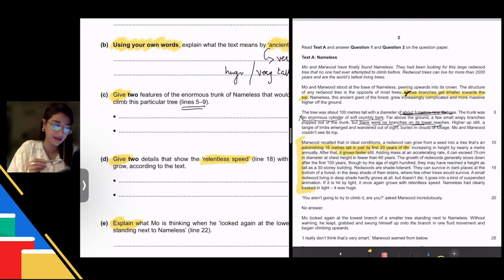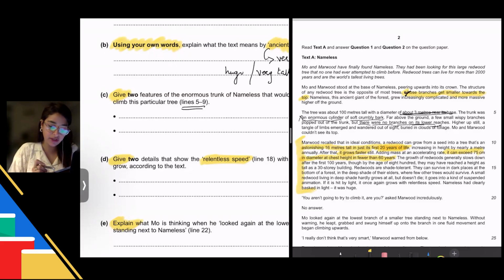So this is our second piece of information that I can include, that the diameter reaches about 75 centimeters and more within the first 60 years. If you just talk about how the diameter is 75 centimeters, that will not cut it. You do need to mention that this is within this particular time period. So in both pieces of evidence, do make sure that you mention the years, because that is what shows its speed in this case.